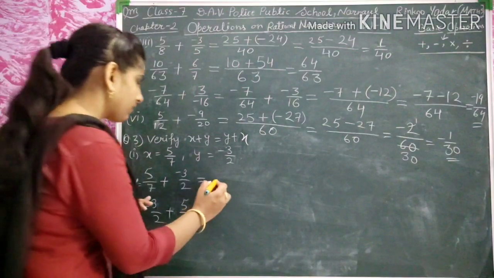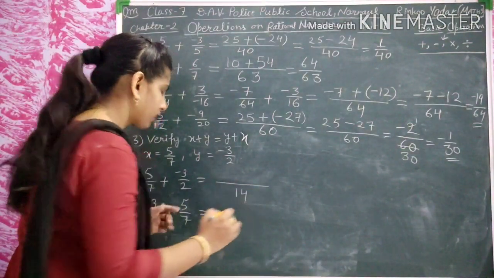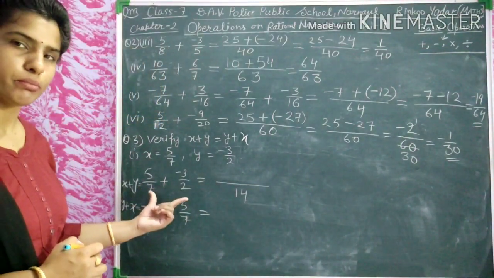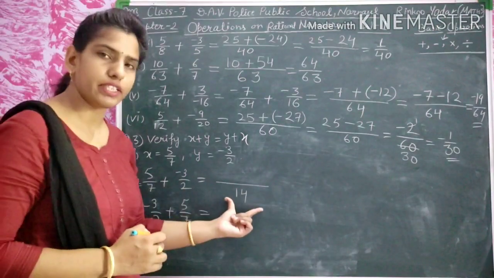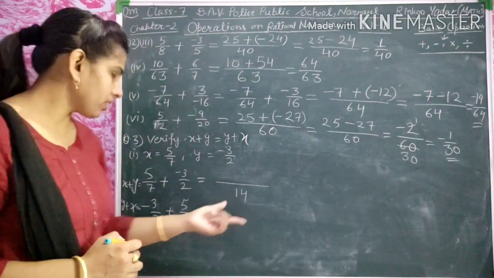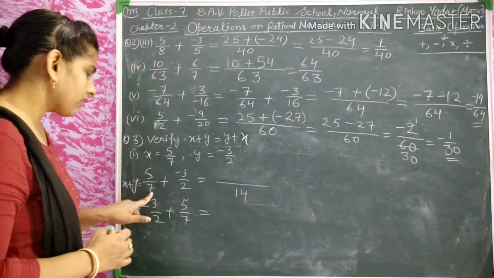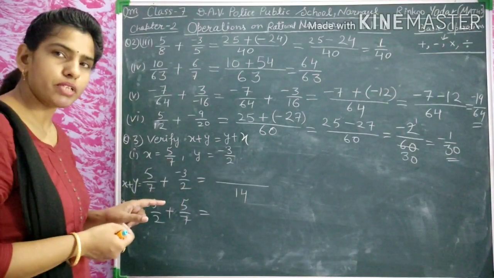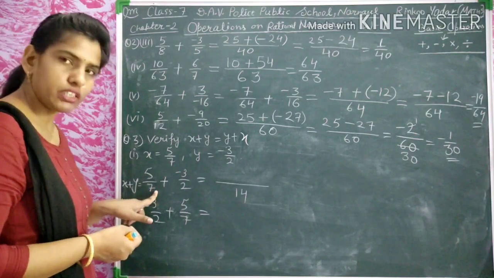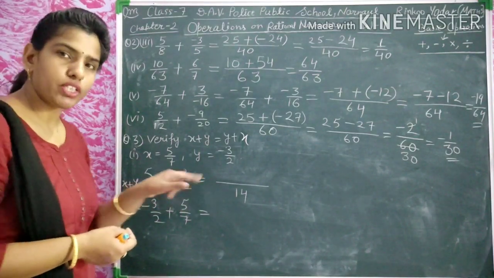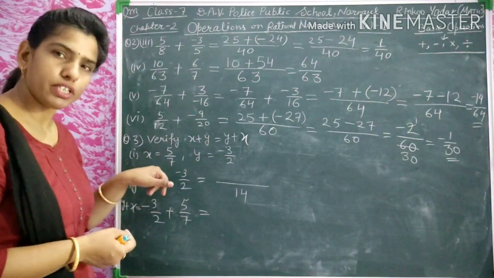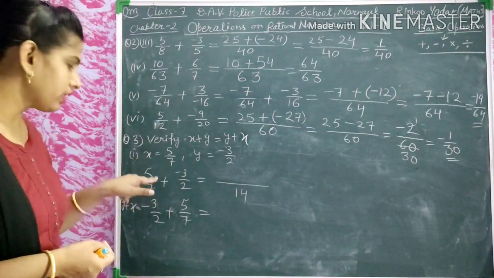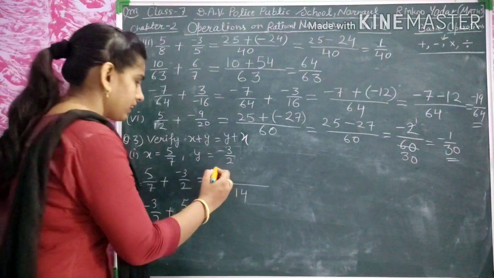Let's see. The LCM is 14 because 7 and 2 are co-prime numbers. If they are co-prime numbers, their product is the LCM. Now 7 is multiplied by which number to become the same as the LCM, 14? 7 times 2 is 14. It means the numerator is also multiplied by 2. Then 5 times 2 is 10.